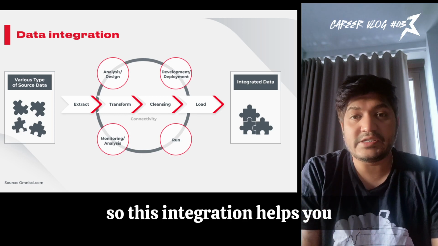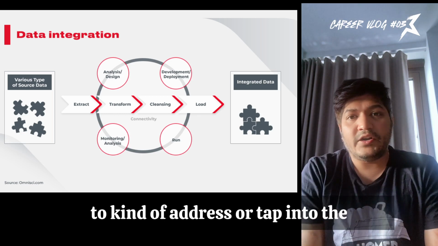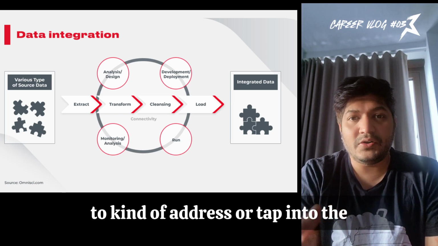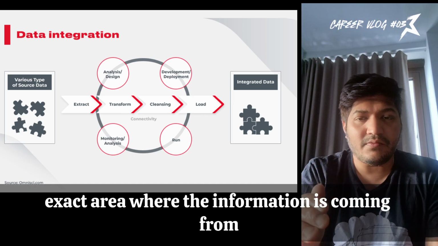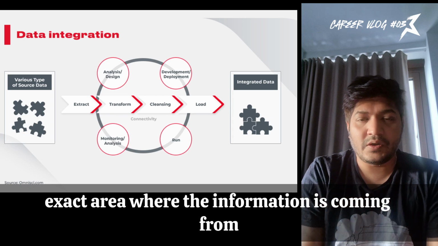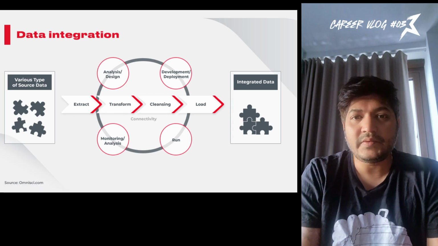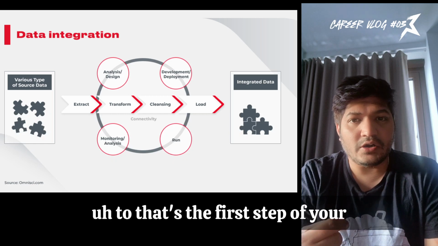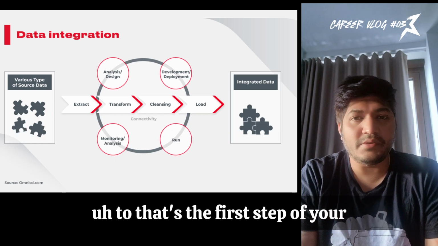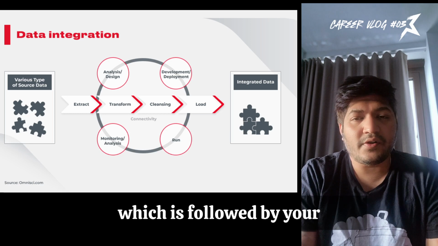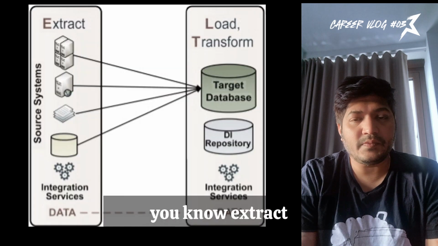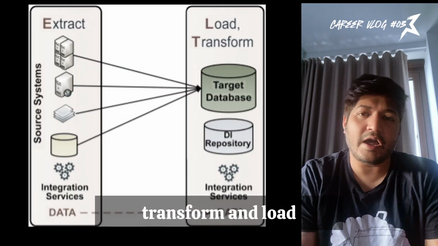This integration helps you to address or tap into the exact area where the information is coming from. So you really need to work on the data integration aspect of it. That's the first step of your business intelligence solution, which is followed by your ETL, which is extract, transform, and load.